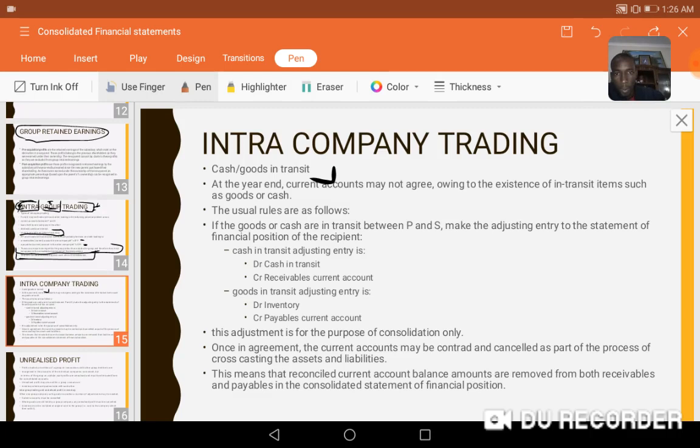Note this, of the recipient, because like I said, the company which released the money would have recorded the transaction as if they have paid the creditor, but the creditor may not yet have received the payment. That's why here it is said make the adjustment in the accounts of the recipient.